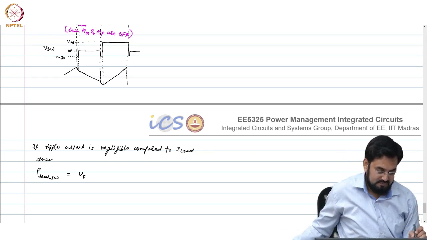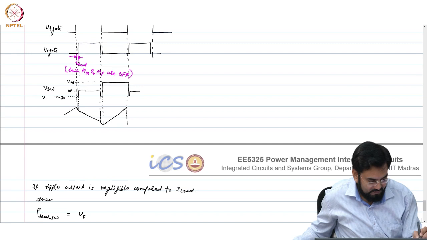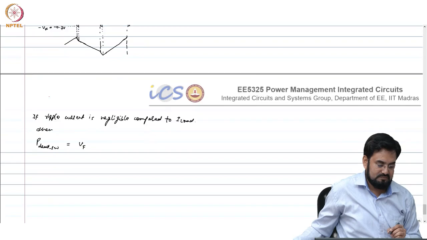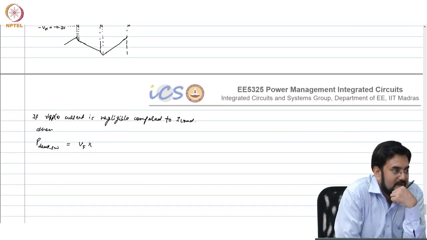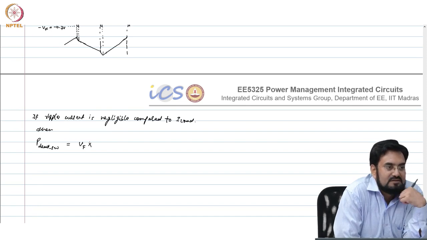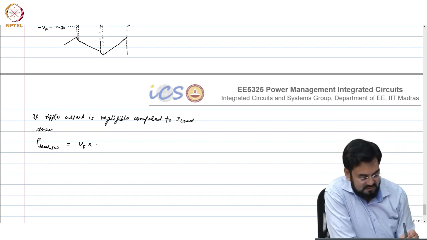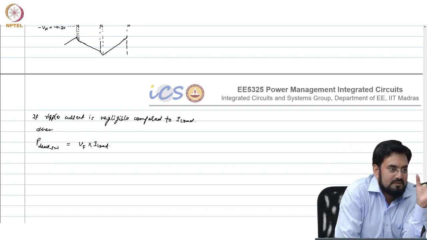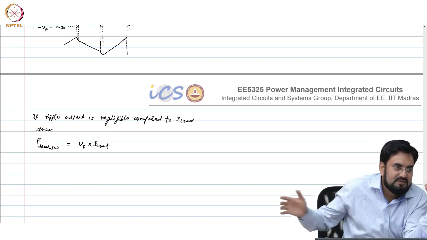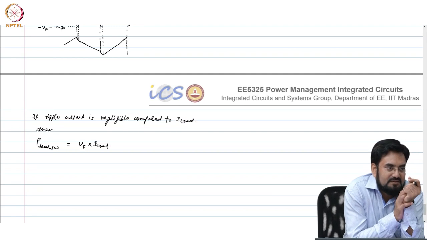Okay. So VF multiplied by current. How much current is flowing in the diode? Load current. And so this is your peak power, but this is not happening throughout the entire clock period.